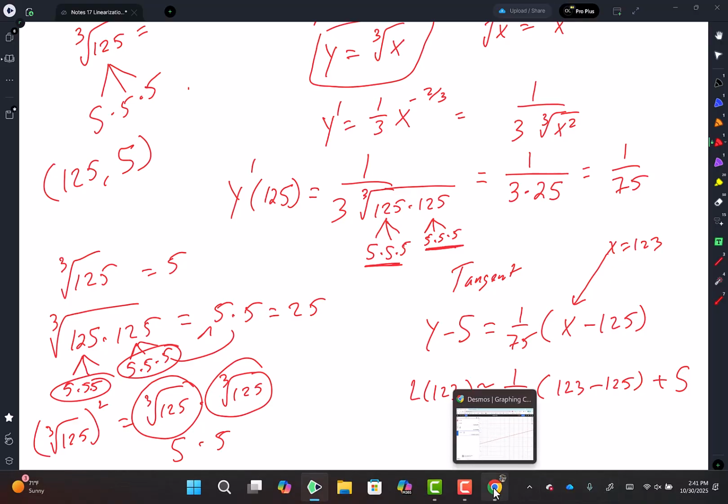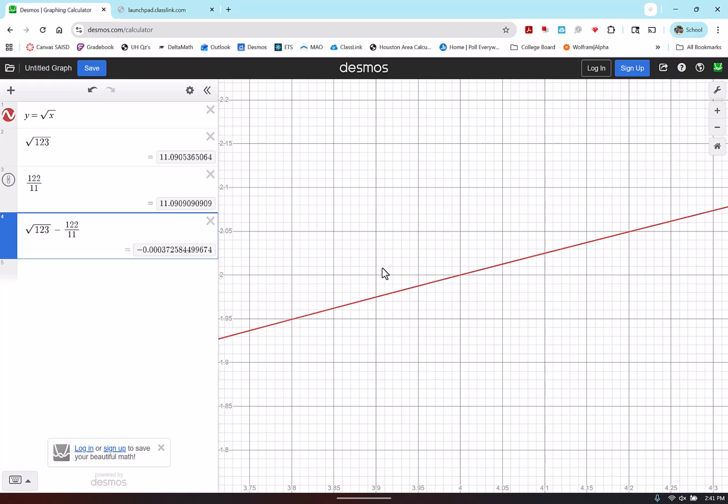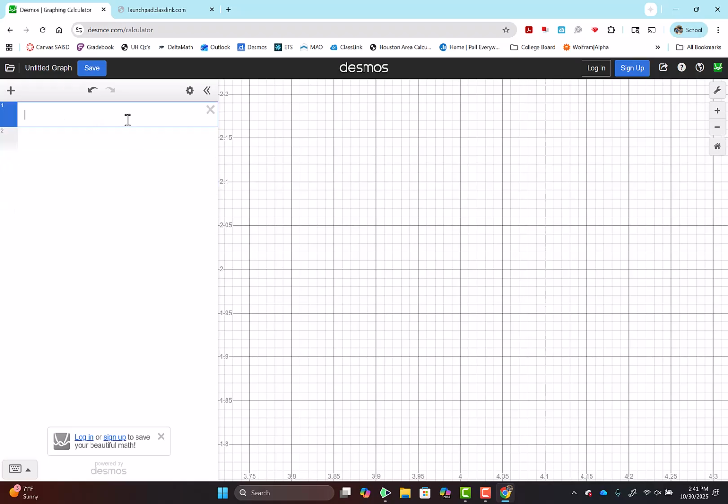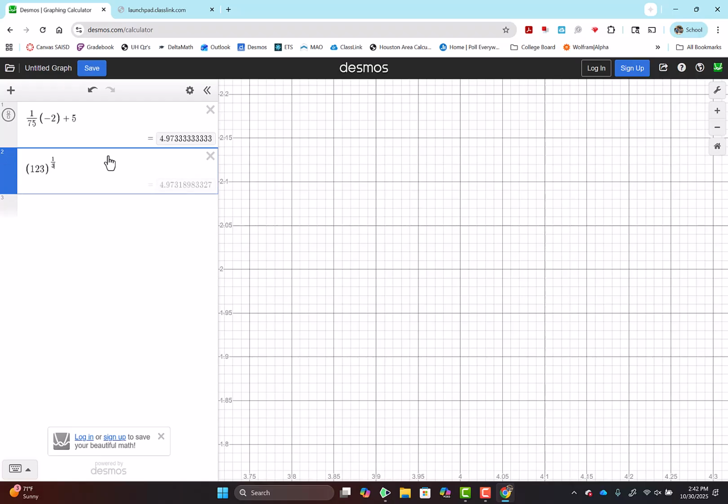All right, so let me take my calculator or my Desmos, and let me see what Desmos tells me. It tells me 1/75 times -2, plus 5. Let's see, what was the number? 123? Here it is. The cube root of that is that. Look how close that is. Minus that.